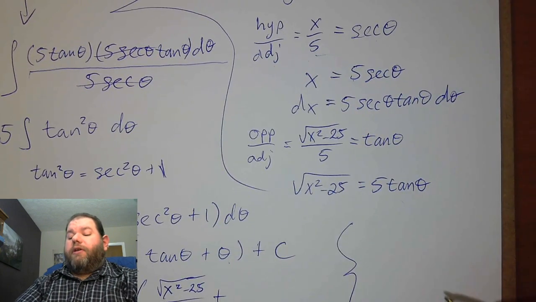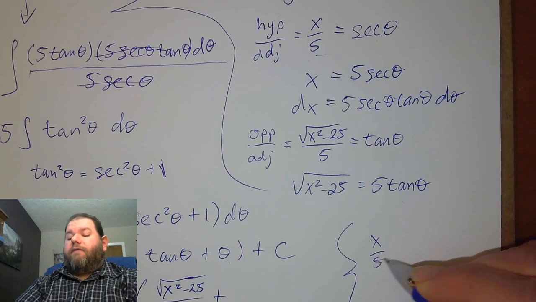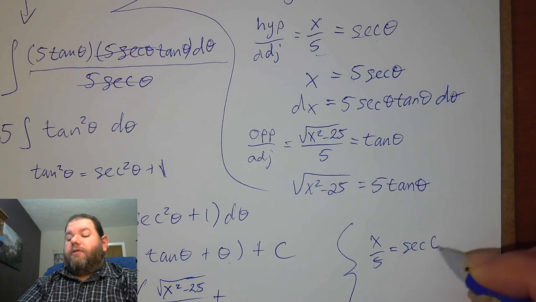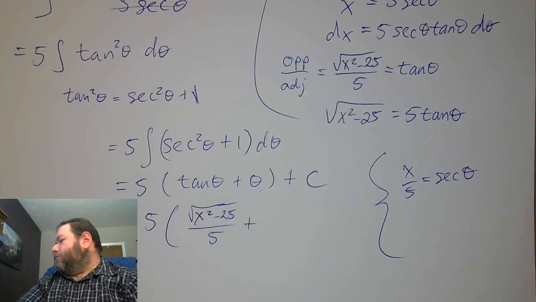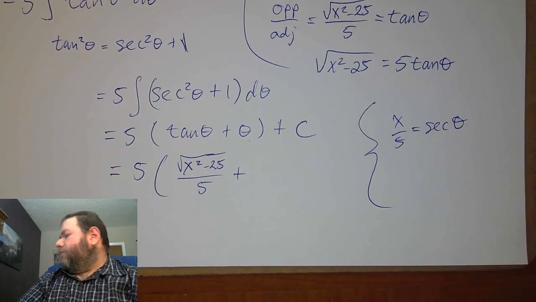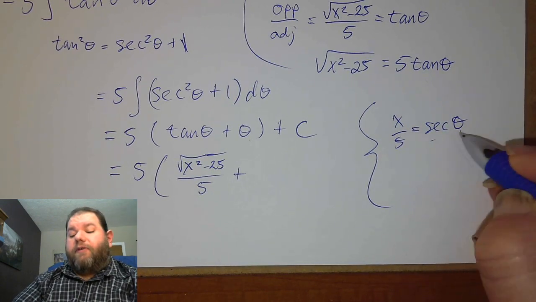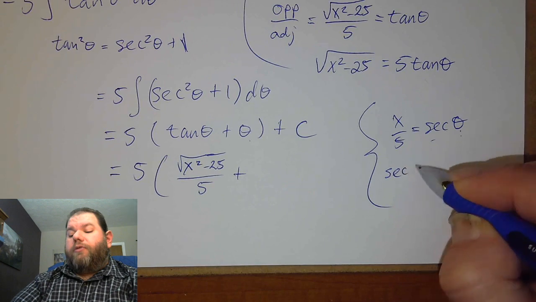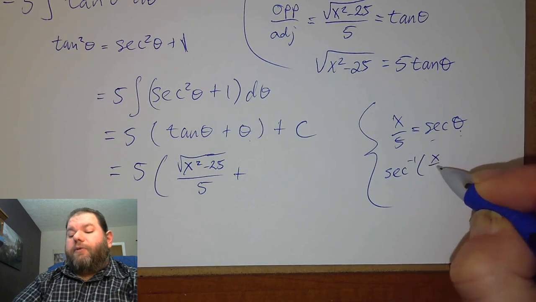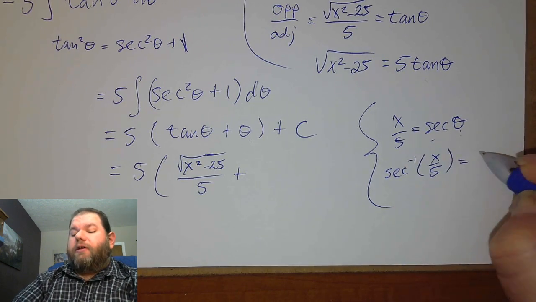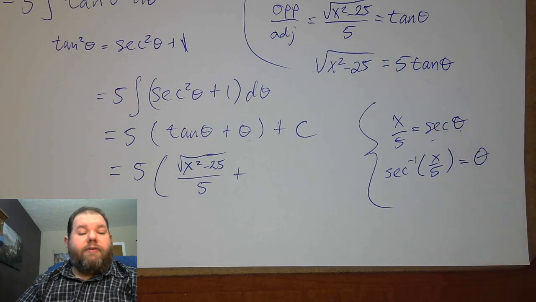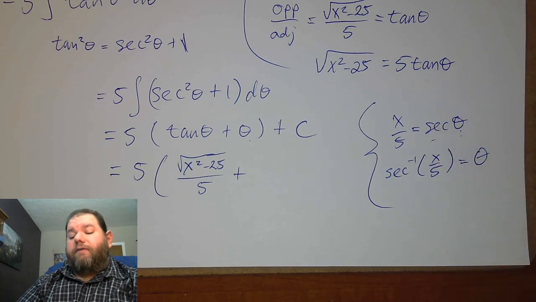So one more thing here, if x over 5 equals secant theta, how do we solve for theta here? Well, if we have a secant of theta, then we take the inverse secant of both sides, and the inverse secant cancels out the secant, and we just have the inverse secant of x over 5.